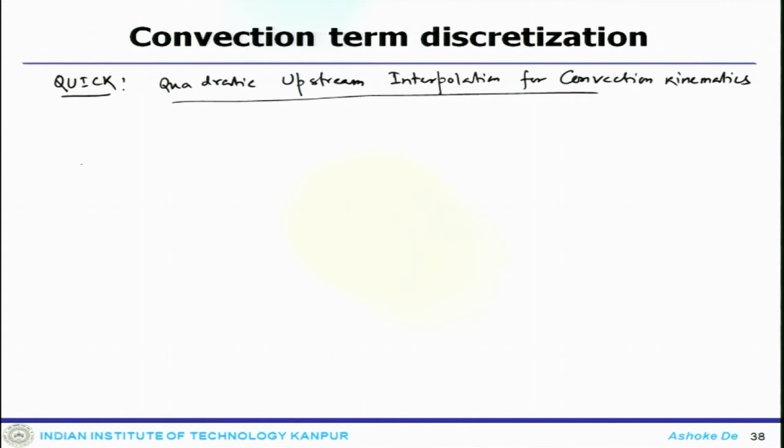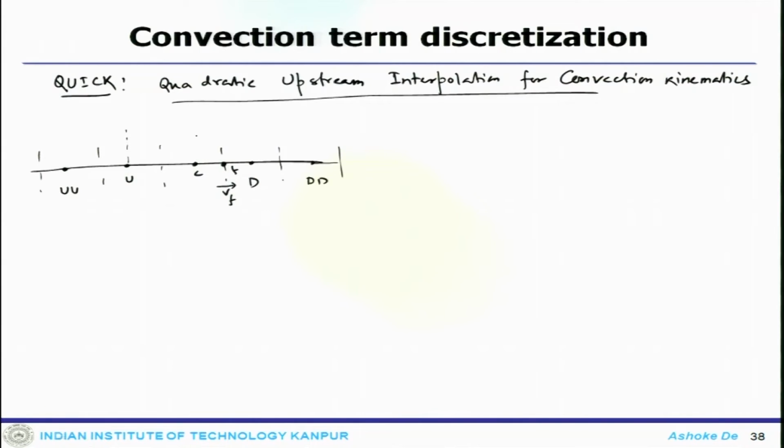Again, if you look at a stencil like that, where this is the cell, then you have the downstream of that, the upstream of that, and then this is further upstream, this is DD, and at the cell face you can say the Vf in this direction and this is the face value.